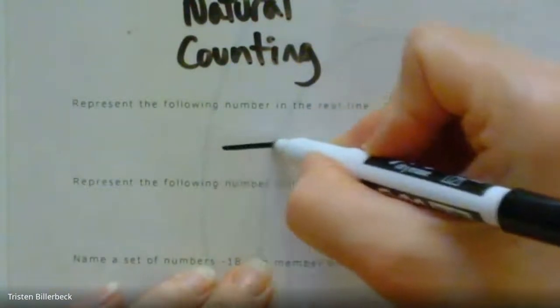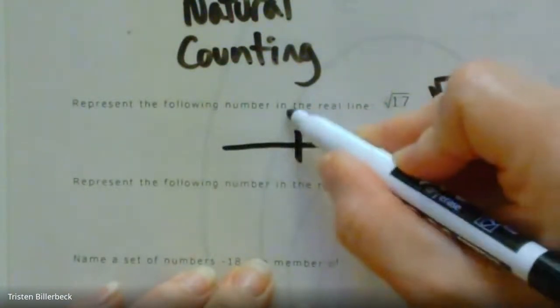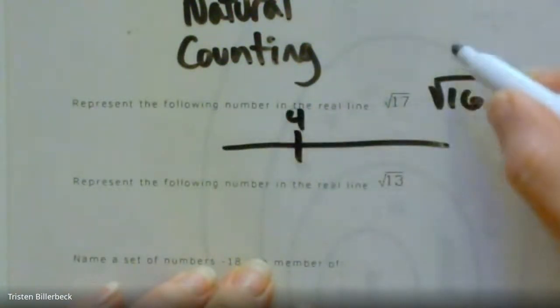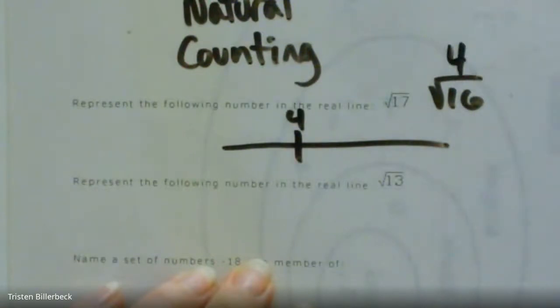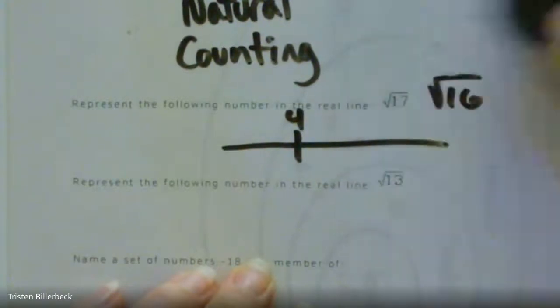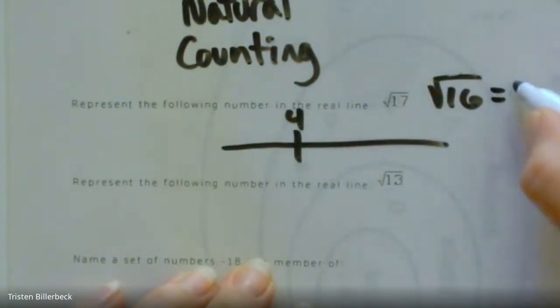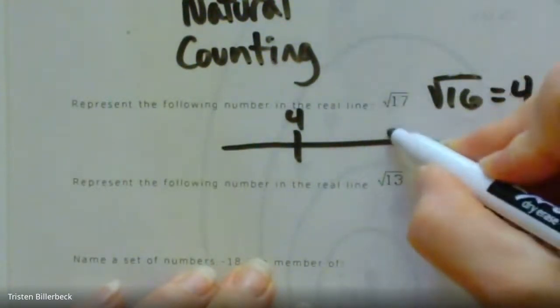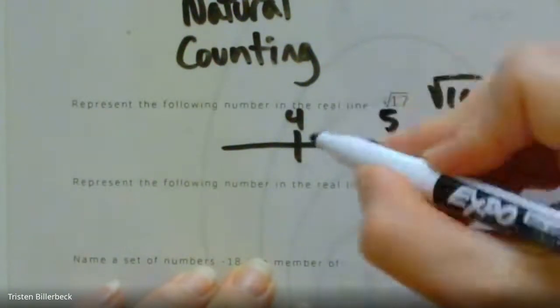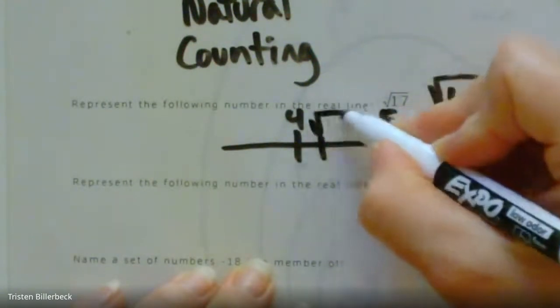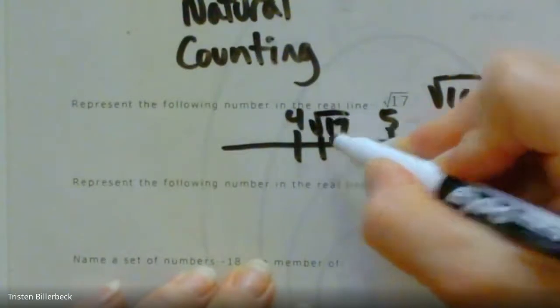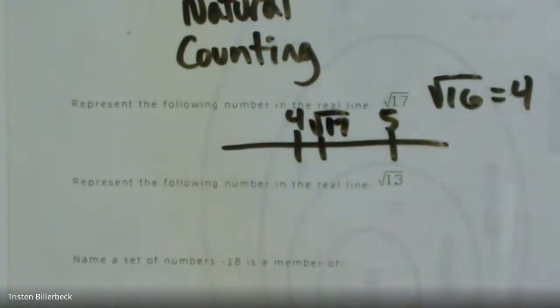So if I were to show 4 here, because this is 4 and this one is 5, I'd probably put square root of 17 right there because it's very close to square root of 16.